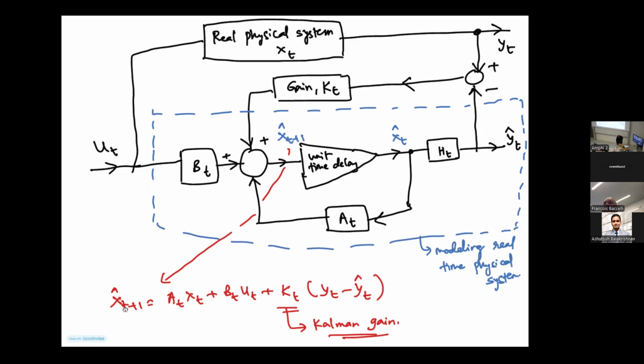And the estimate at t plus 1 is basically, we will see, A t x t plus B u t, plus a correction term which depends on some K t and the difference of the outputs which we are measuring. This is the correction term basically.